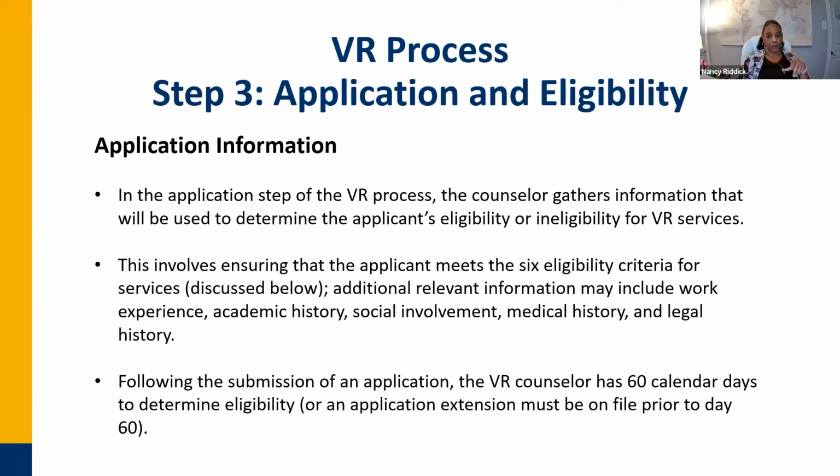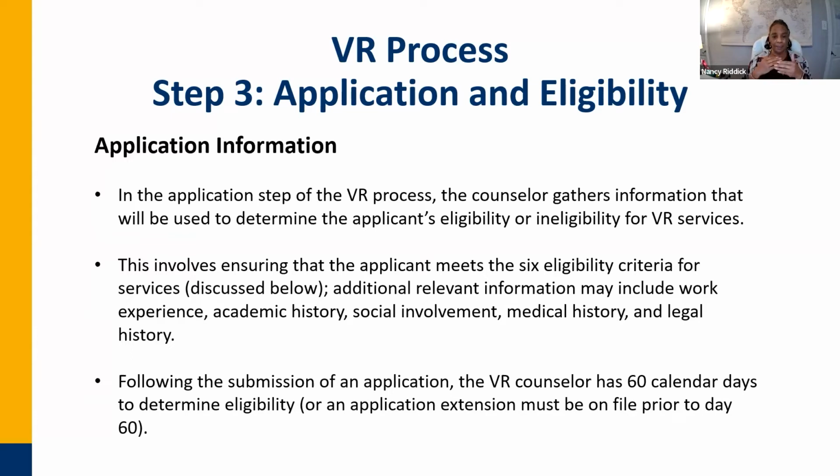This will include that the applicant meets the 6 eligibility criteria for services, and we'll discuss those in a minute. Additional relevant information may include work experience, academic history, social involvement, medical history, and legal history.